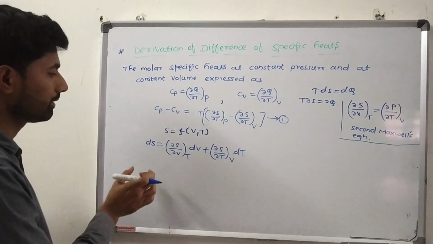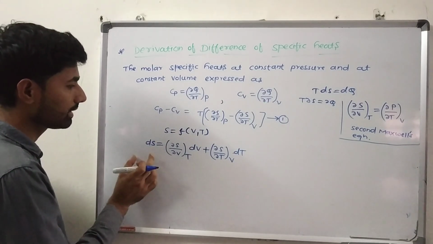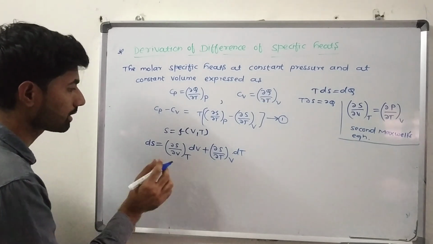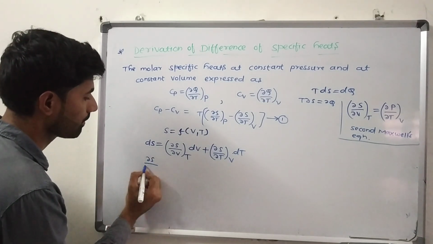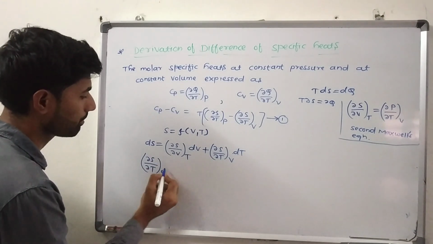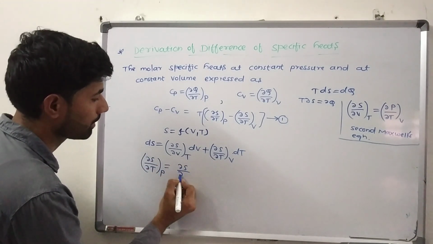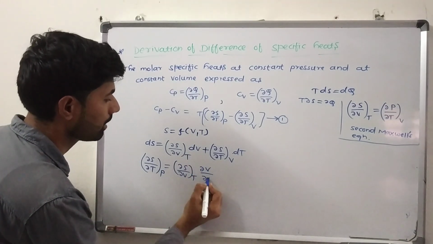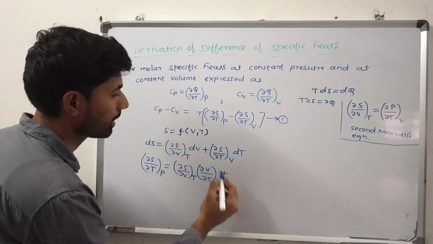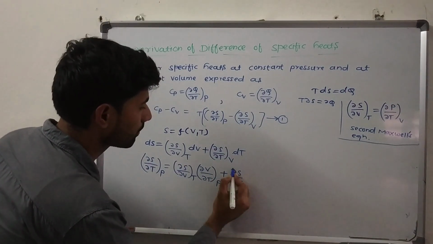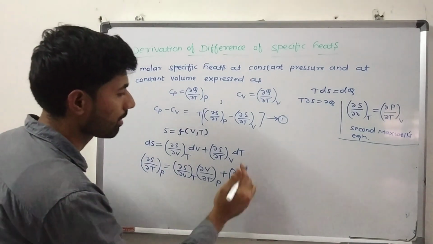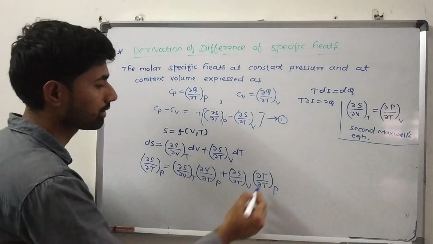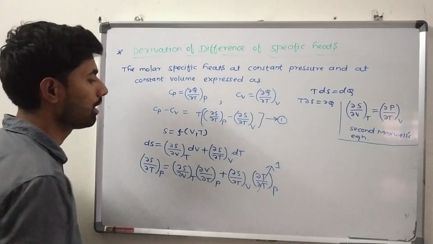Next we are going to differentiate both sides with respect to temperature T, keeping pressure P constant. Then ∂S/∂T at constant pressure P equals ∂S/∂V at temperature T into ∂V/∂T at constant pressure P, plus ∂S/∂T at volume V, which remains the same, since the differentiation of T with respect to T at constant pressure P gives 1.